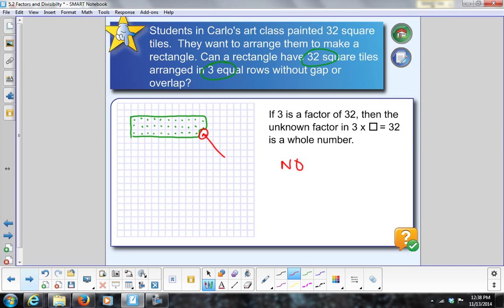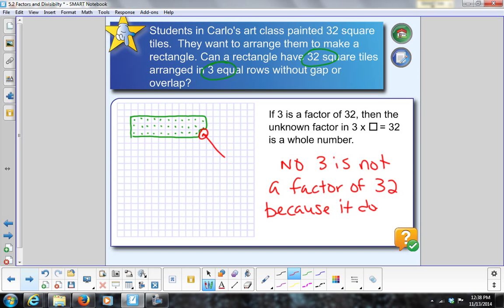It cannot be divided evenly. So no, 3 is not a factor of 32 because it does not go in evenly.